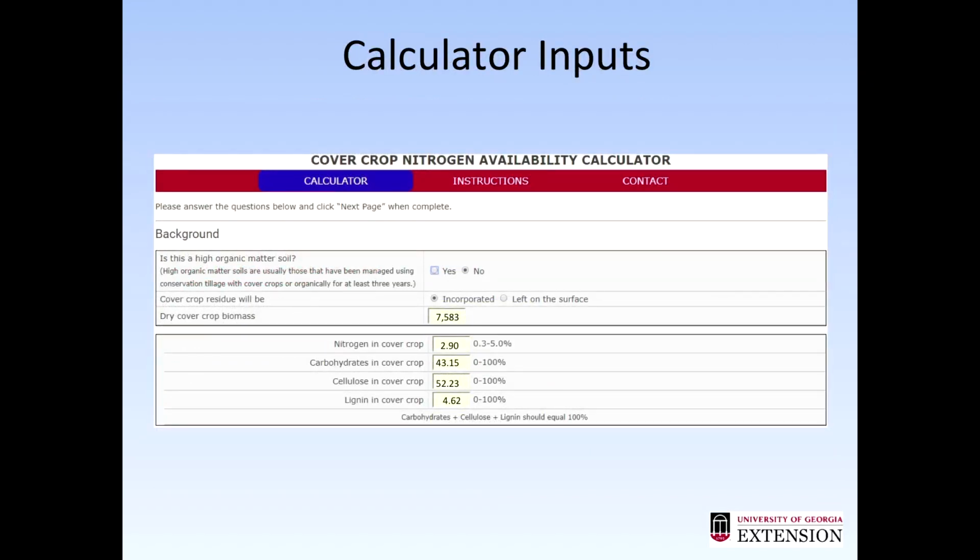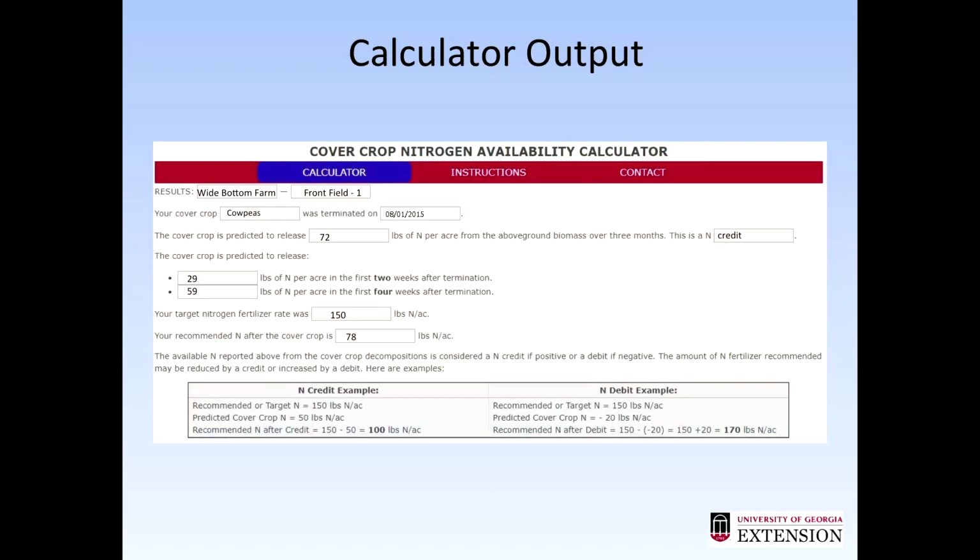So then the next thing that will come up is that they have sent you in their submission form their wet weight biomass in pounds per acre, and the lab gets percent moisture and calculates dry biomass. The NIRS gives us the percent nitrogen, the carbohydrates, cellulose, and lignin. And then this is what they get.